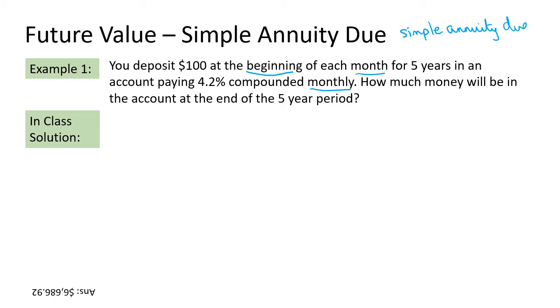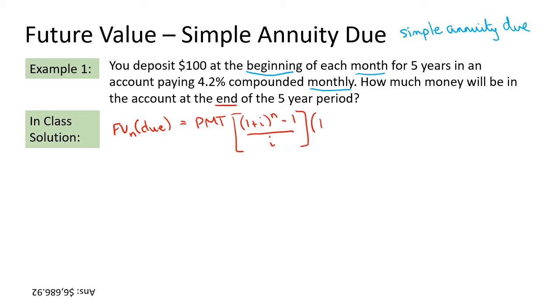I'll switch back to red. So we're trying to figure out how much money is in the account at the end of the period, meaning the future value. So we can start with our formula. The future value, again, I put in brackets due here just to signal that this is for an annuity due, and it's equal to your payment times (1 plus your periodic interest rate)^n minus 1, divided by your periodic interest rate.